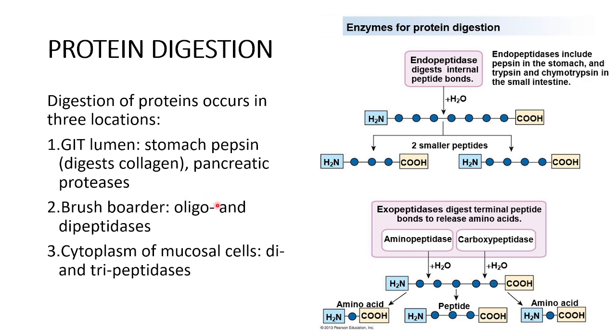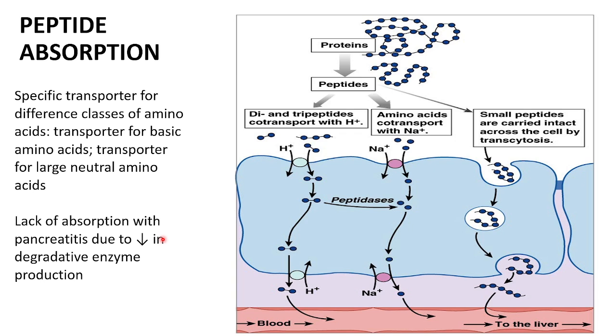On the brush border, there are oligopeptidases and dipeptidases, which break the polypeptides to dipeptides, tripeptides and amino acids. And in the mucosal cells, there are also di- and tripeptidases. Peptide absorption.